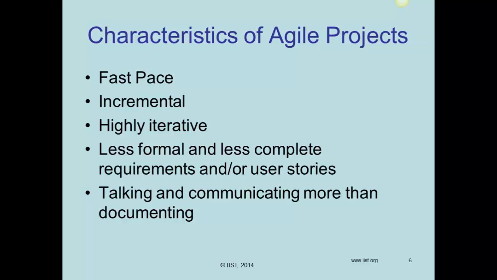And that's why at IIST, while we were developing the body of knowledge of the Agile testing certification, it was very crucial that the advisory board made sure to include an area of the body of knowledge called collaboration and teamwork. As a QA professional, if we're not very good at collaboration and communication, we cannot succeed in Agile projects. So these are the general characteristics of Agile projects.